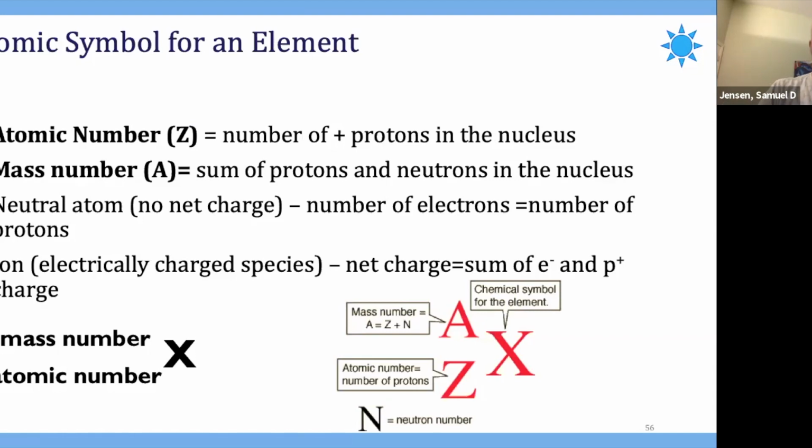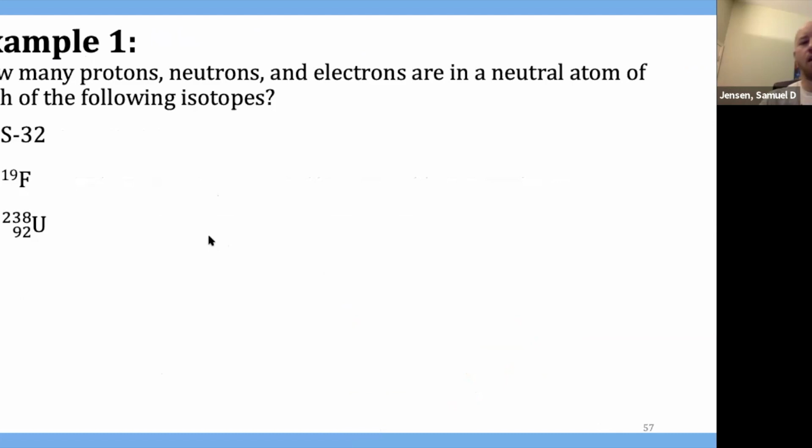So the bottom number here, Z, is the atomic number, the number of protons. X here is designated as just the chemical symbol for the element. And A is the mass number, the number of protons and neutrons in the nucleus. And so here you have 3 different designations for these isotopes.